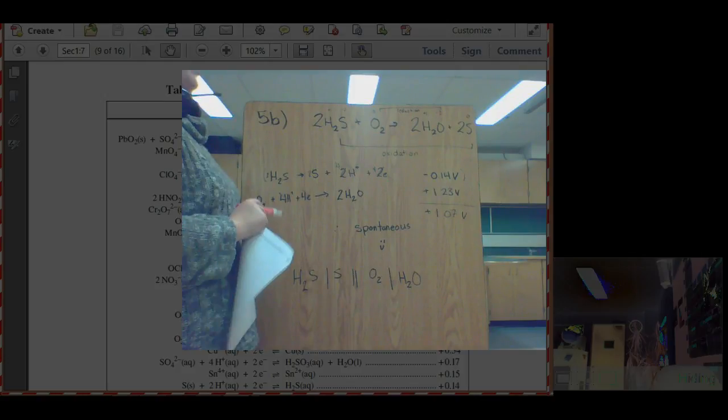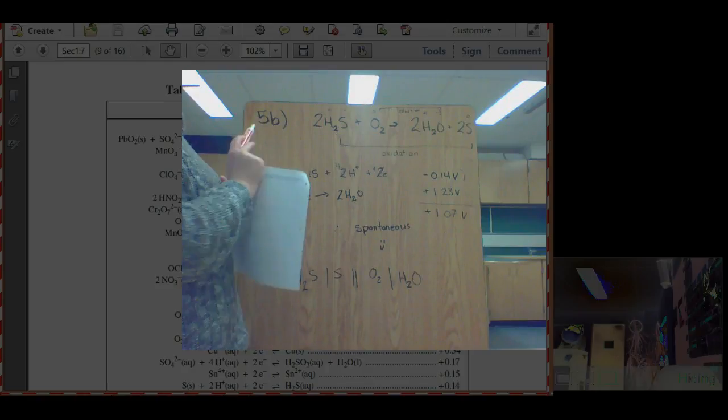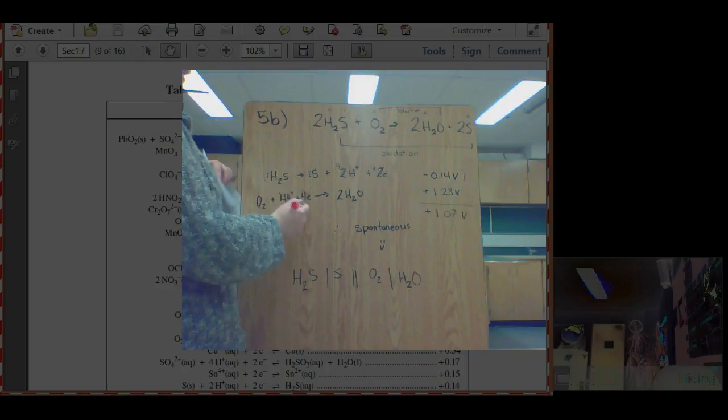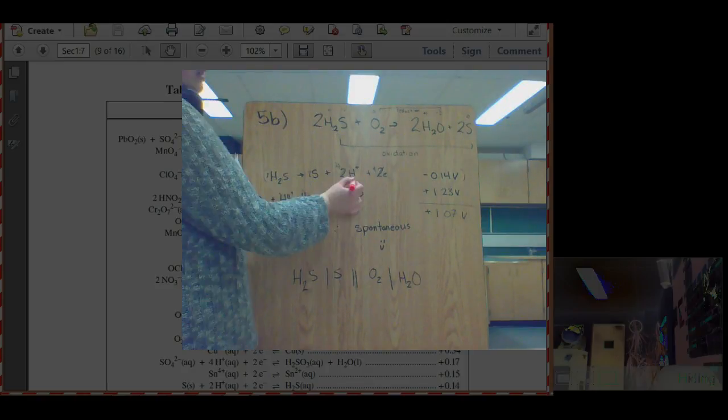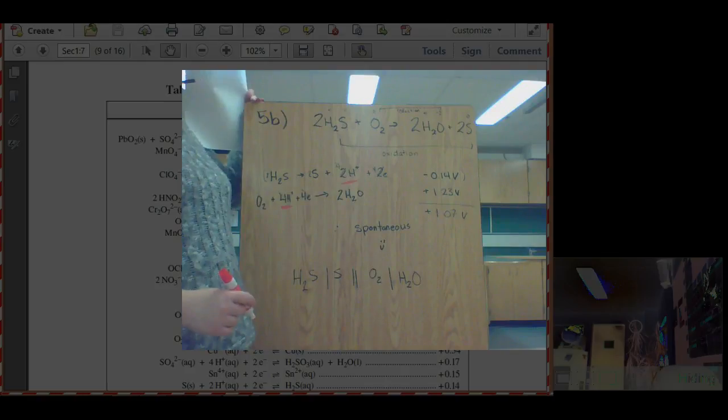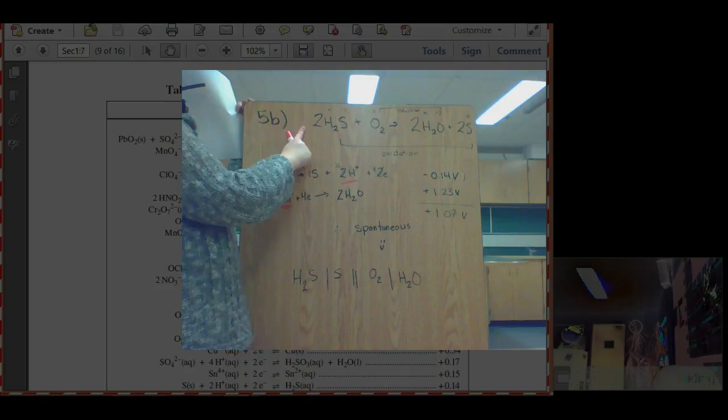What made this one a challenging question was that we had cancellation out of hydrogen ions. Because this is a net reaction, it won't show the hydrogen ions in here at all. That can make it challenging to find the half reaction on your table.